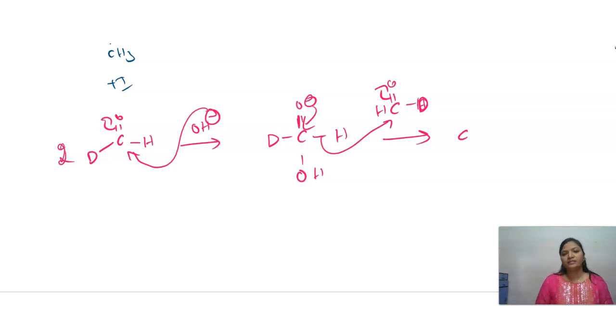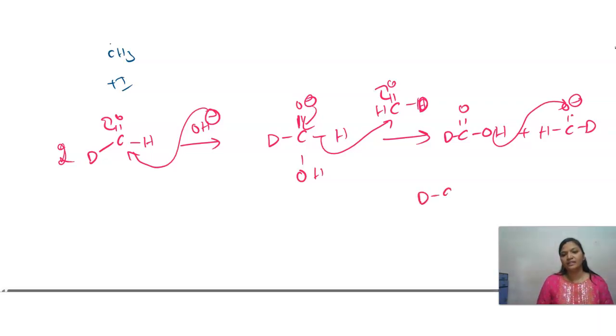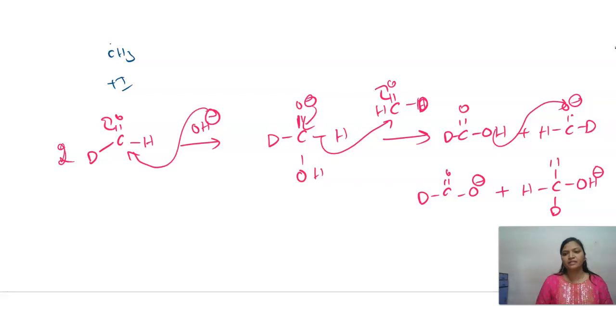Now D C double bond O OH is produced here, and H C O minus D is produced. Now this hydrogen is shifted to this oxygen and then we will get D C double bond O minus, and here it is H, D, and here it is OH, another H is present here.